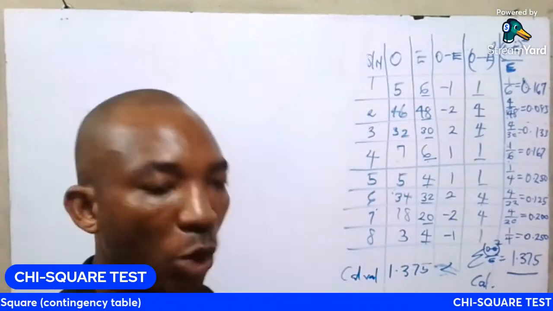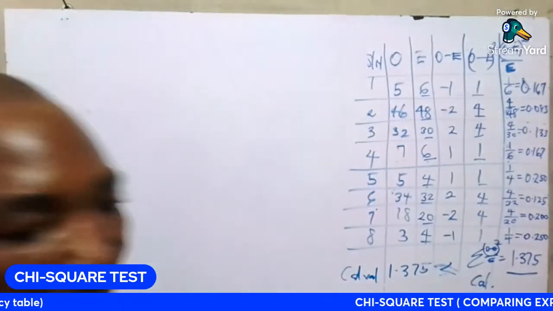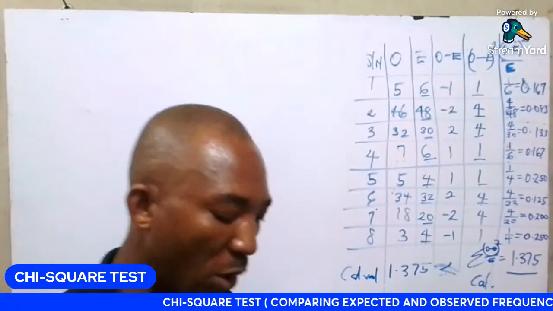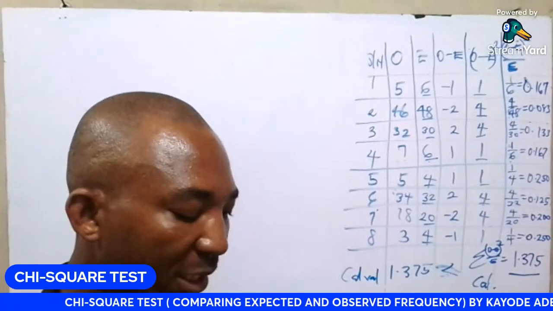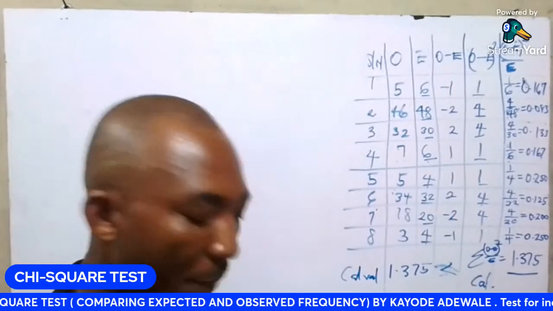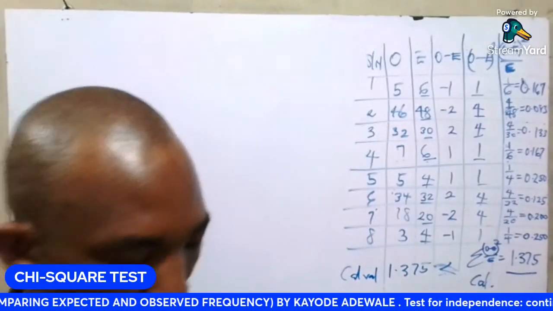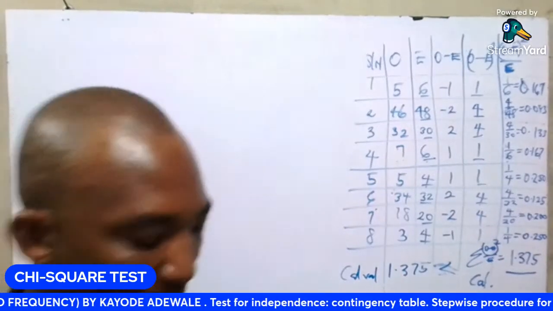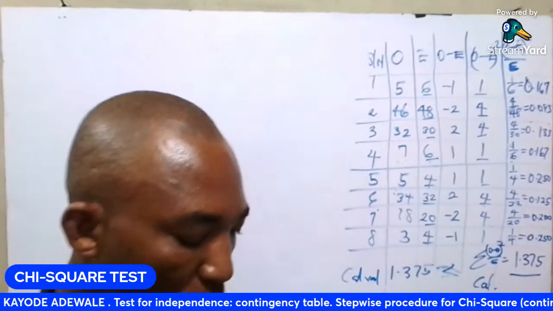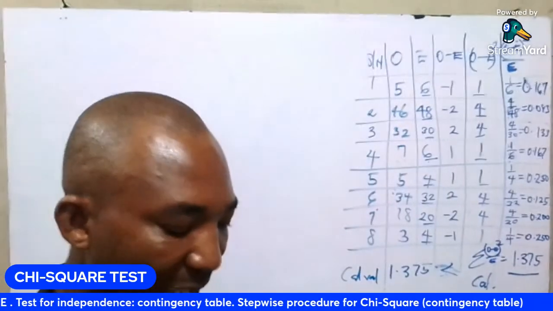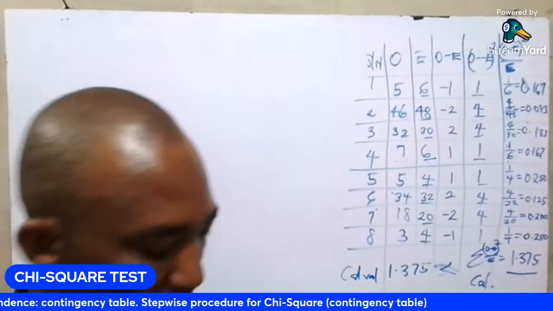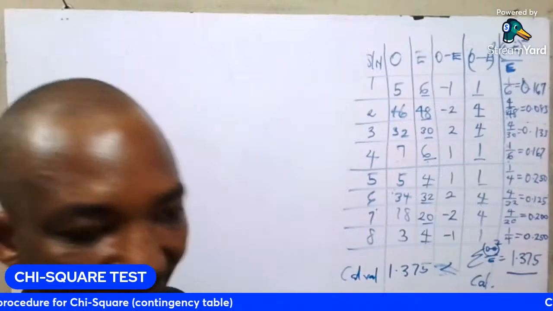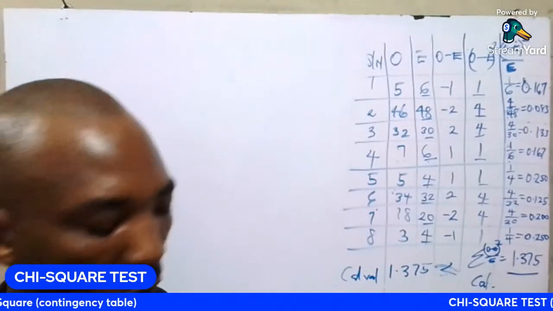So I want to quickly run you through the procedure again. Then thereafter, I will call it a day. The procedure for chi-square under contingency table. The first step is to find the row total, the column total, and the grand total. The second step is that you determine the expected frequency per cell.